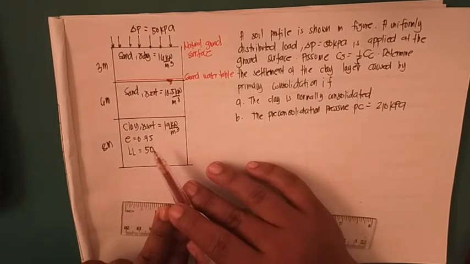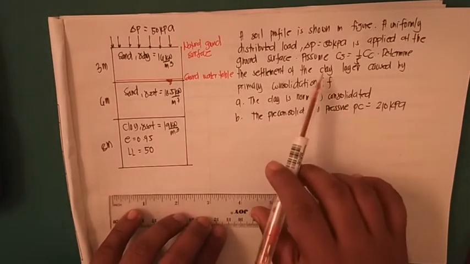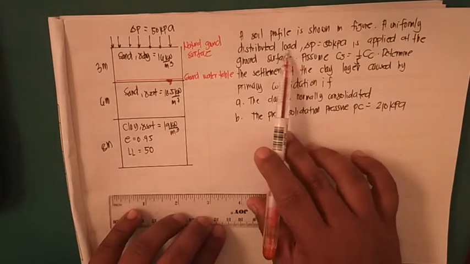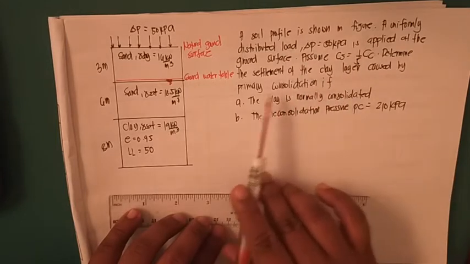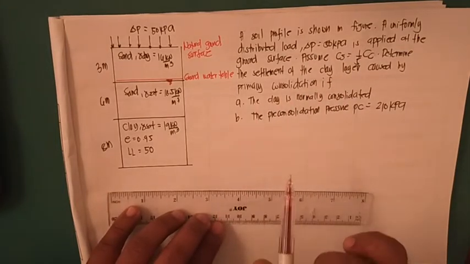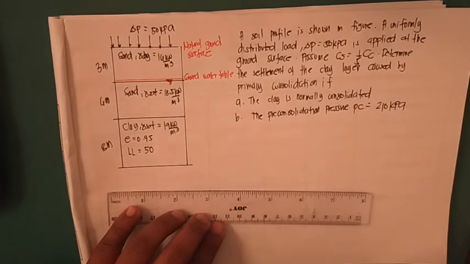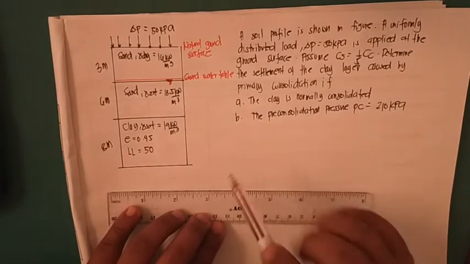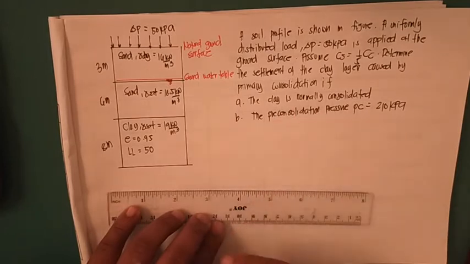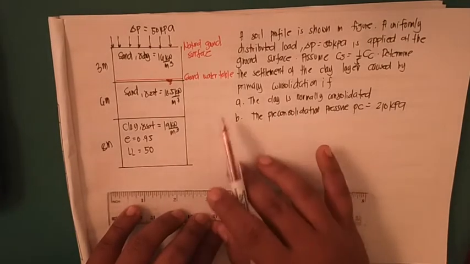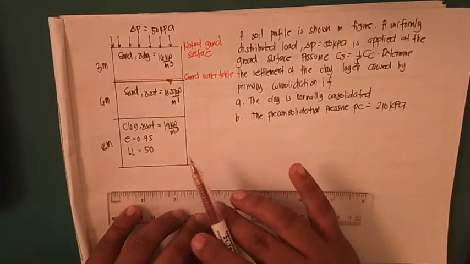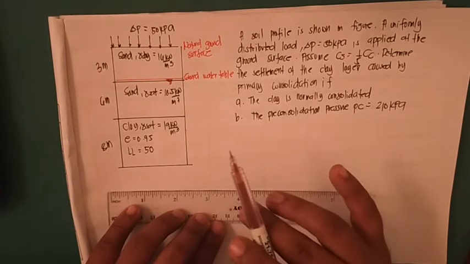Okay? So, if we look at the problem, we need to determine the primary consolidation settlement for two considerations. Letter A, the clay is normally consolidated, meaning we will use the first formula, if you still remember.